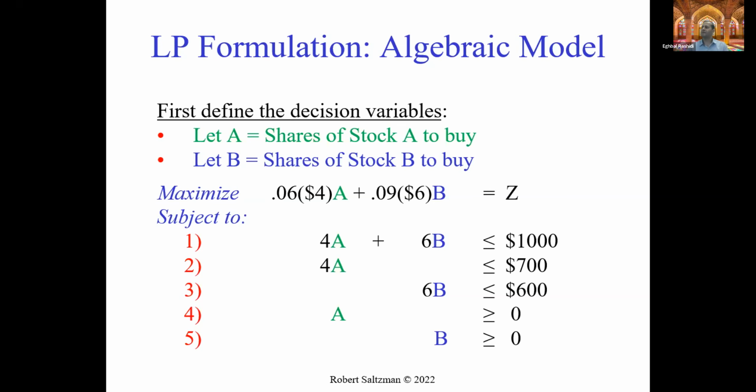So solving graphically can only be used when you have 2 decision variables, because we work with a 2-dimensional system. You could do that for 3. If you have a computer, you can try it on a computer, but it would be really difficult. So basically, we're going to use this only for education purposes. There is no other use for it, and only when you have 2 decision variables.